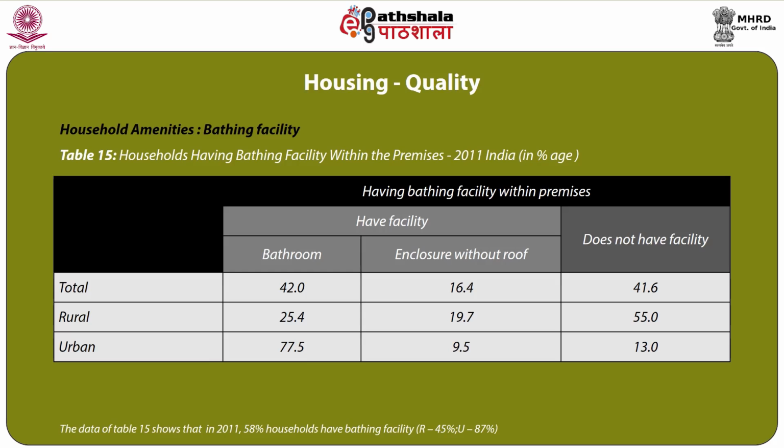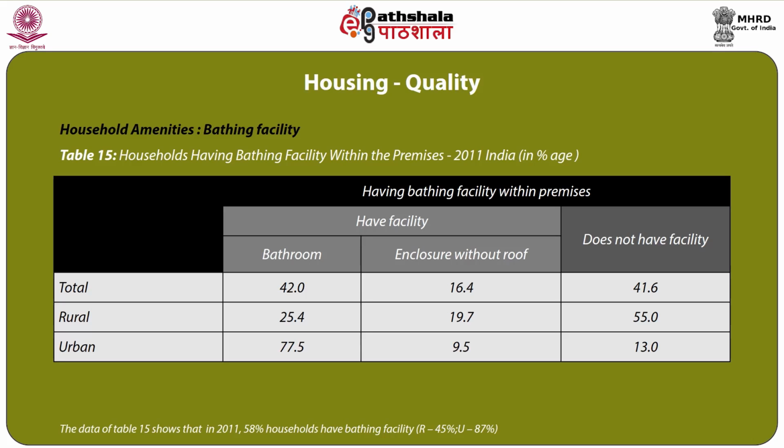Bathing facilities, Table 15. Households having bathing facilities within the premises, 2011. The categories are: having bathing facility within premises, having the facility of bathroom enclosure without roof, and not having the facility.